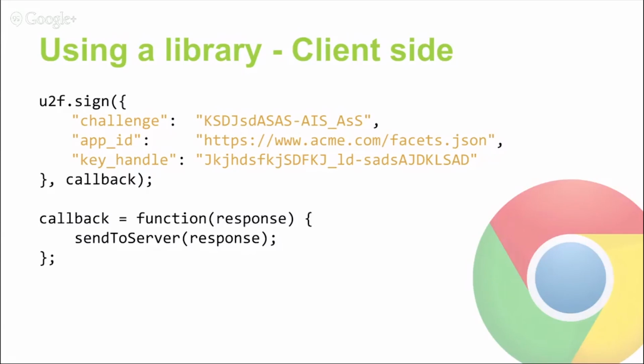And these are the three actual strings that are contained in this challenge object that we got from the server. So we got the actual challenge string, and we got the app ID, and we got the key handle. So we just throw that into the device.